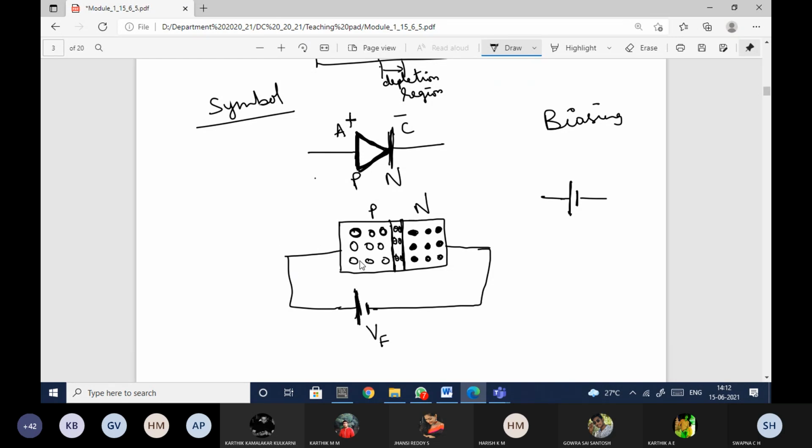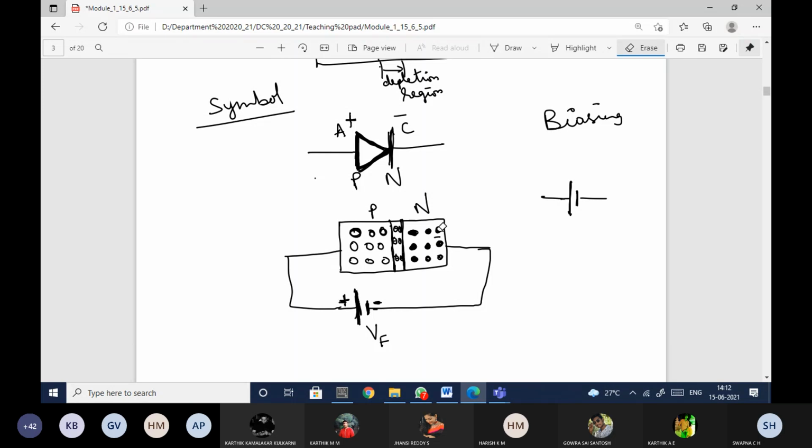Holes are considered to be positively charged and electrons negatively charged. If you observe, this is the negative terminal and this is the positive terminal. The N side is connected to the negative terminal and the P side is connected to the positive terminal. These electrons are also negatively charged and this is also a negative terminal, so both will get repelled.